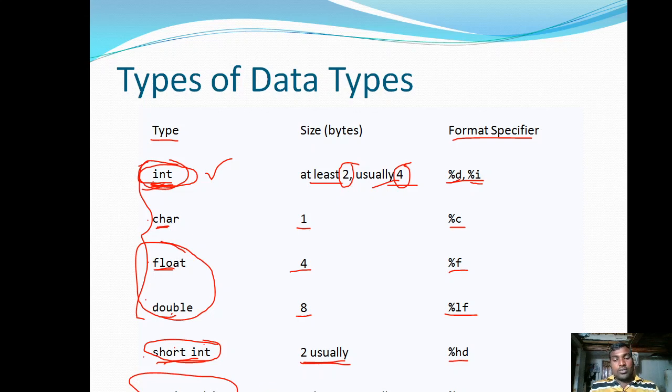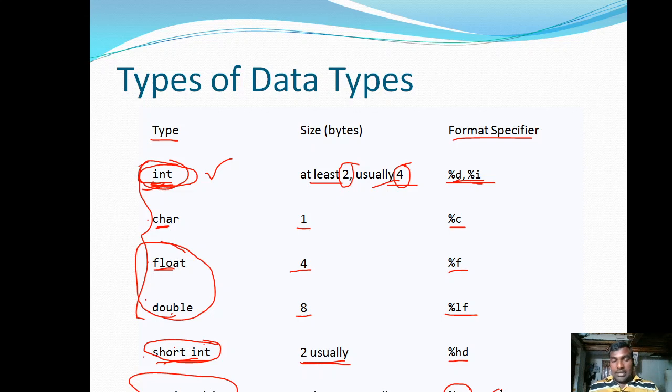It requires 2 or 4 bytes of memory depending on the architecture, and the format specifier associated with unsigned int is %u. For a normal signed integer, the format specifier is %d or %i, and for unsigned integer it is %u.